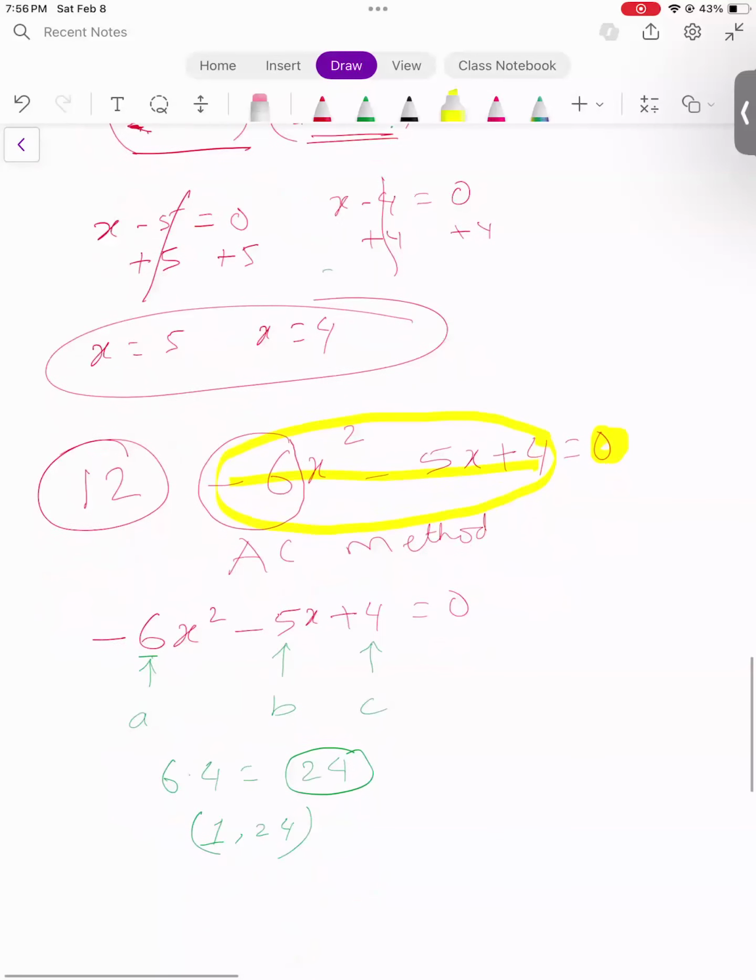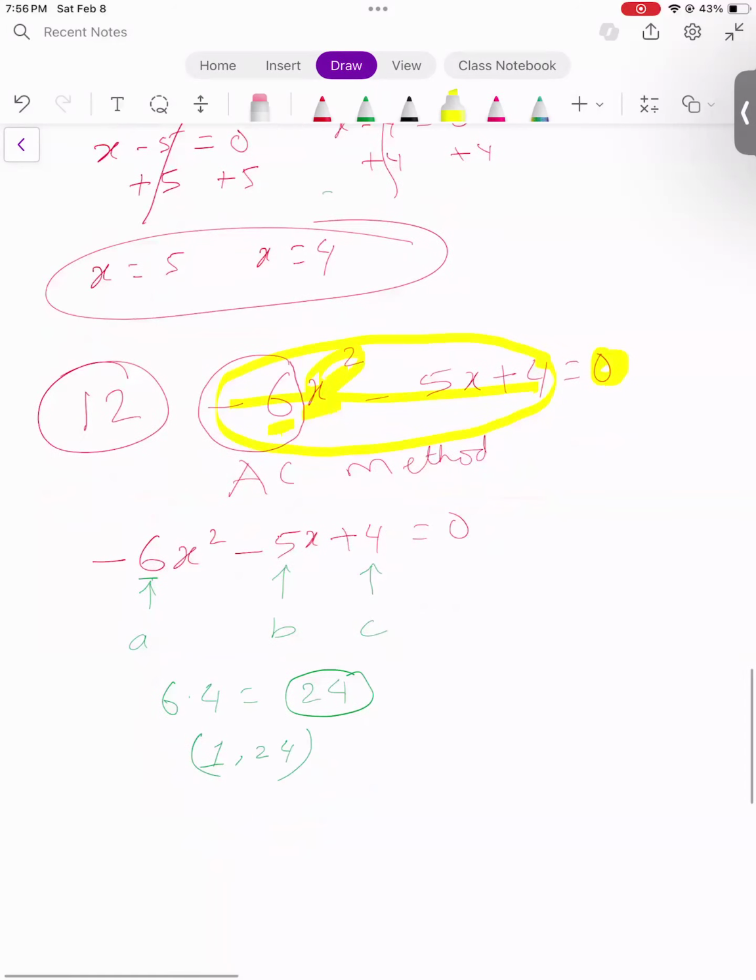In this equation, the coefficient of the square term is not 1, it is negative 6. So if the coefficient of the square term is not 1 or negative 1, then I always want you to use the AC method. You can still use FOIL, but there is a high chance that you're going to make an error. So always use the AC method if the coefficient of the square term is not 1 or negative 1. Okay, thank you.